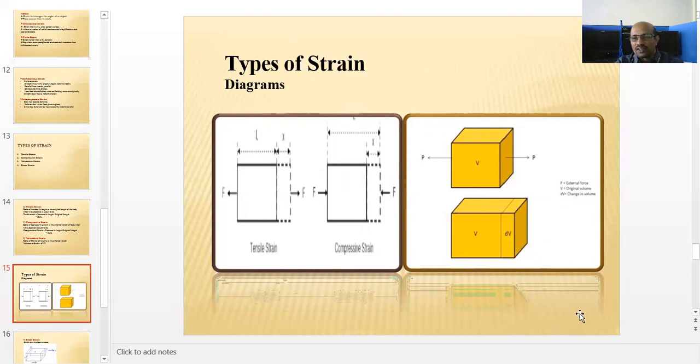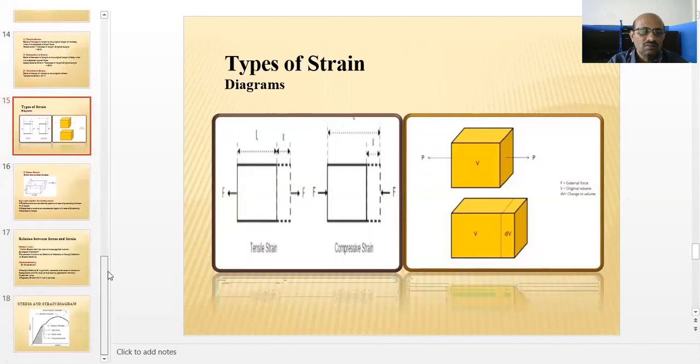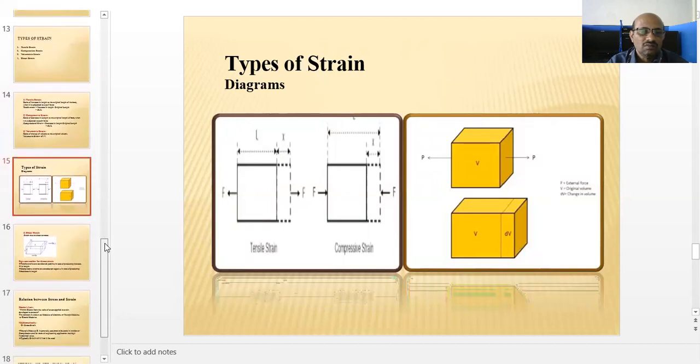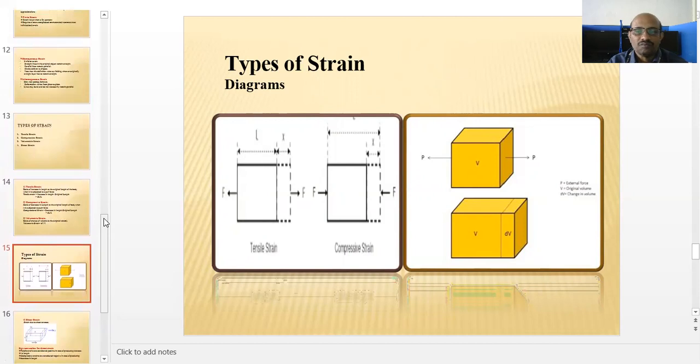Here we are talking about volumetric strain, meaning the change in volume divided by the original volume. Up to this, we will continue in the next lecture. I will explain that again.